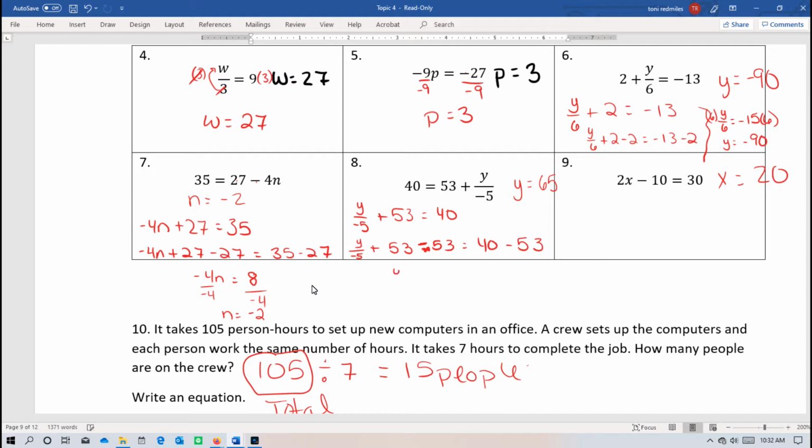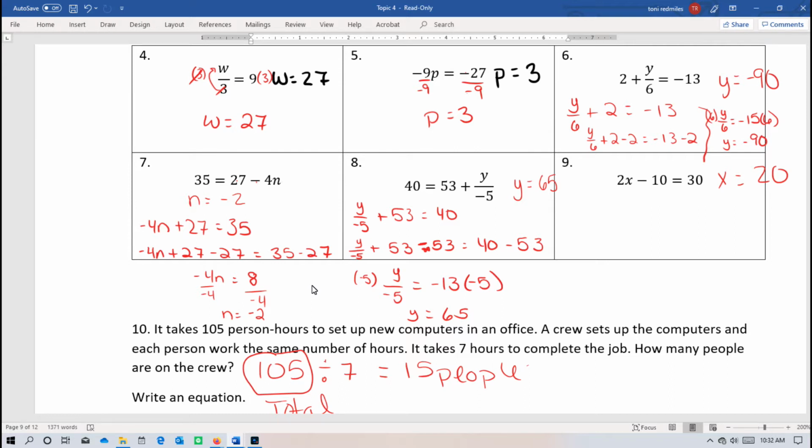All right, so I'm going to have 5 over -5 equals, that's going to be a -13 because the 53 is bigger. I'm going to multiply both sides by -5 because the -5 is dividing. That's going to give me a positive answer, right? And 5 times 13 is 65, positive.